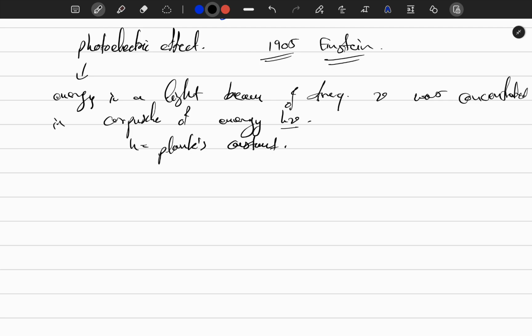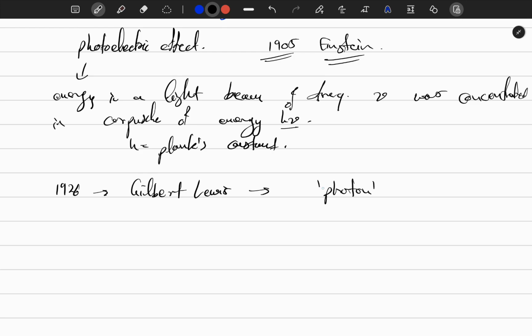We also mention here that it was only in 1926 that Gilbert Lewis, an American chemist, coined the word photon.